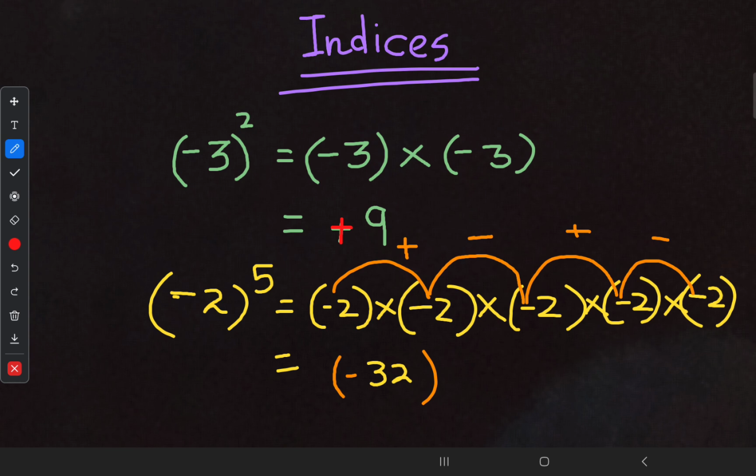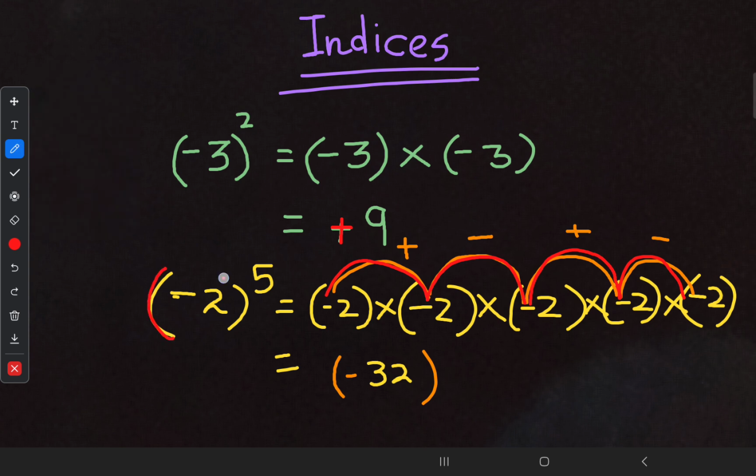You have to find the numerical value by multiplying. That means 3 into 3, 9. That's easy. But when you deal with the second type of question, it's not easy to deal with negative into negative positive, then negative into positive negative, negative into negative positive, positive into negative negative. It's quite confusing. That's why we are using another hack.